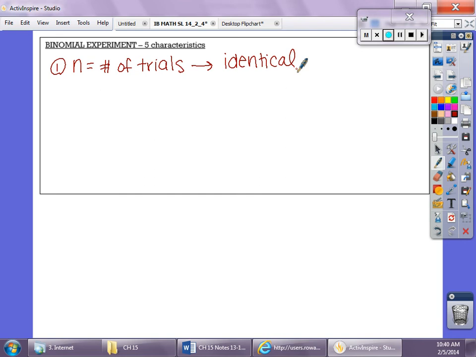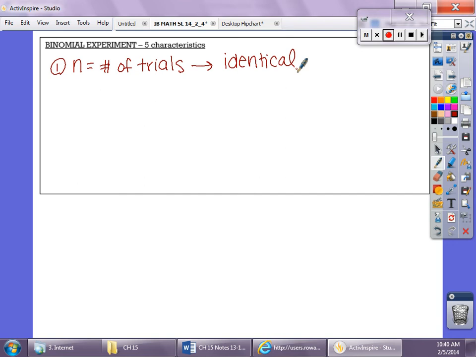So we had 3 trials, meaning I chose 3 cereal boxes. When I say that they were identical, every single time I chose, the probability of getting a prize and the probability of not getting a prize never changed. An example of something that would not be a binomial experiment, but could kind of look like one, is marbles. If you don't replace them, the first marble you pick versus the second marble you pick without replacement, that second marble's probabilities change, so it's no longer identical trials.